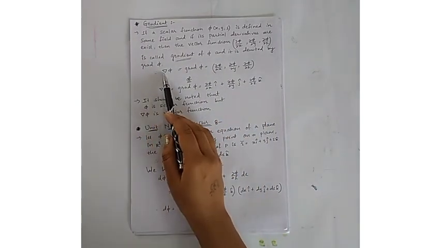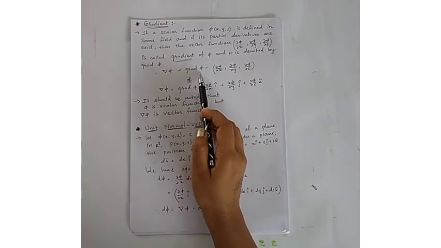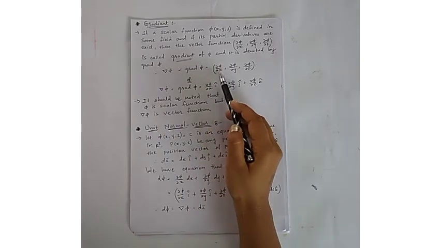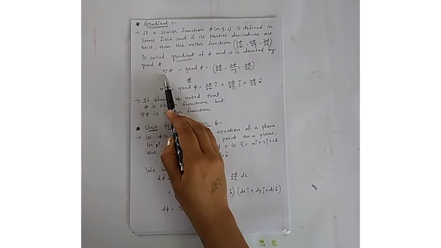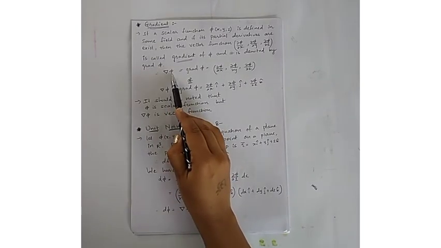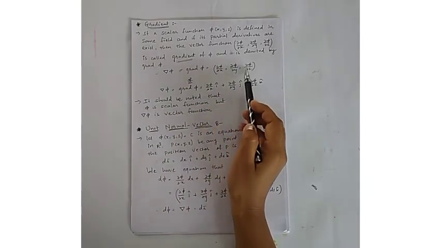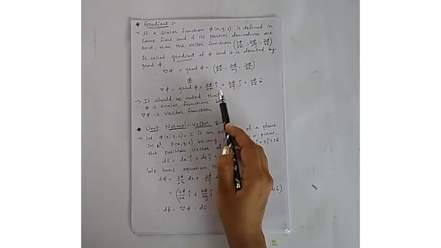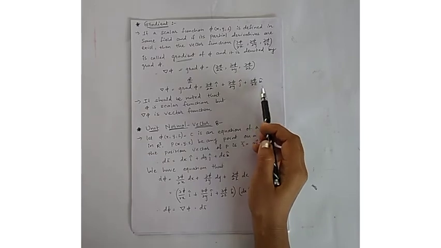What is the definition of grad phi? That is del phi by del x, del phi by del y and del phi by del z. Here I am operating the operator nabla on the function phi. So it becomes del phi by del x i caret plus del phi by del y j caret plus del phi by del z k caret.